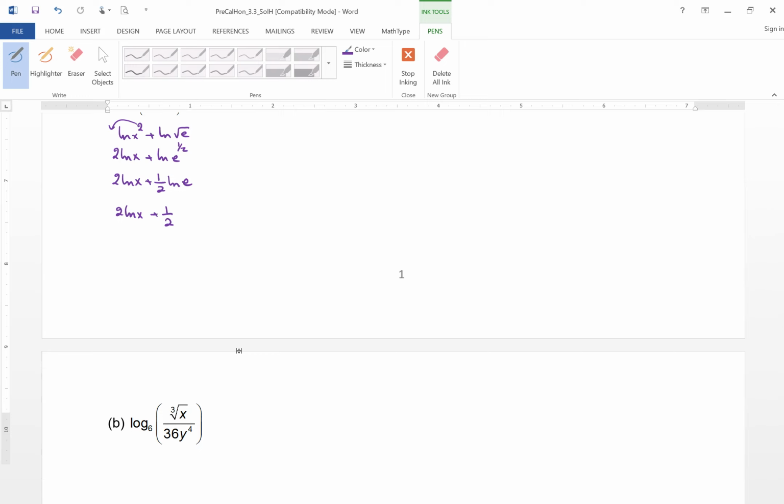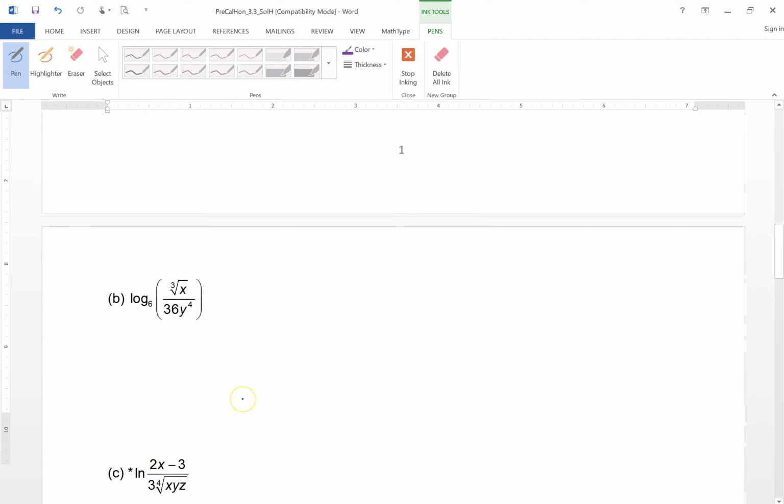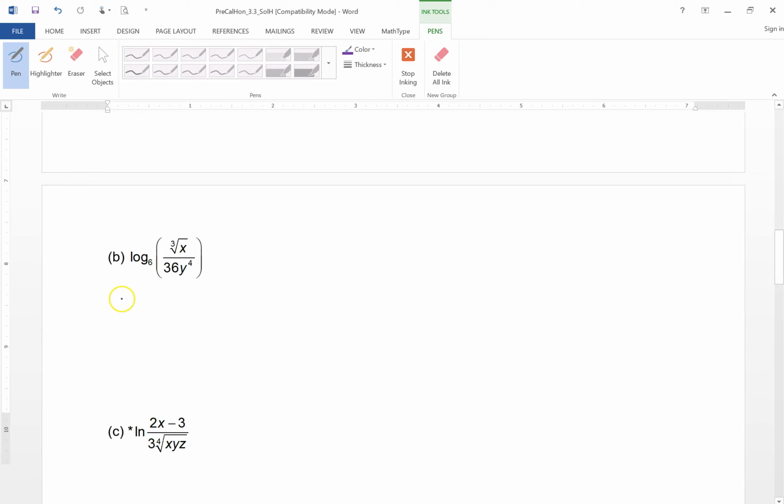Okay, so here for question B, I have cube root of x on top, and on the bottom I have 36 and y to the 4. So basically 3 different elements means I'm going to end up with 3 different logs. The base of the log will remain consistent. So what I have here, again, go in parts. Don't try to mix steps here.